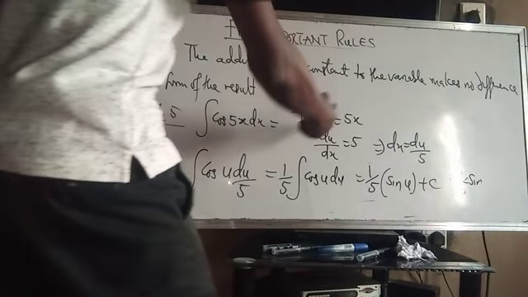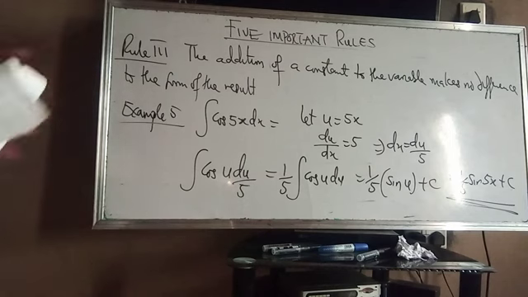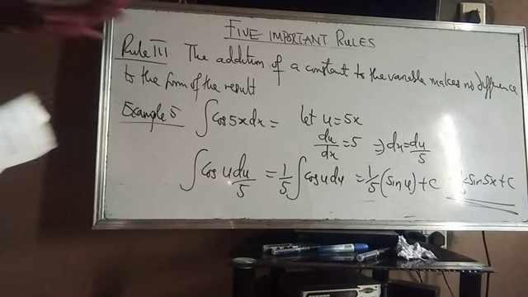So which will now be 1 over 5 sine, and what is your u? Your u is 5x, plus c. So that is it. We have jumped ahead here because this question is related to what we will learn in future, but I just decided to show us how we arrive at the answer.